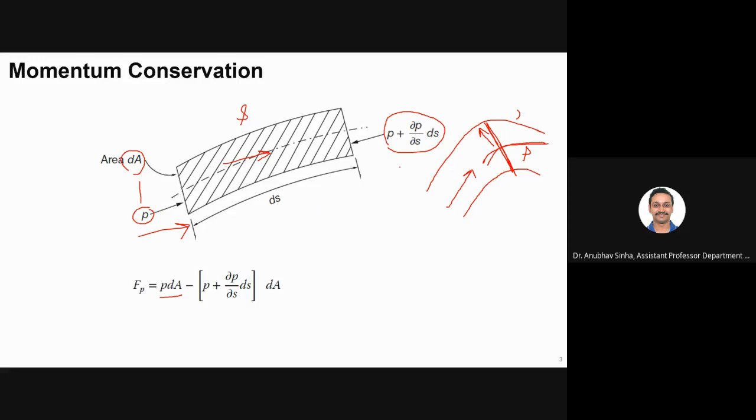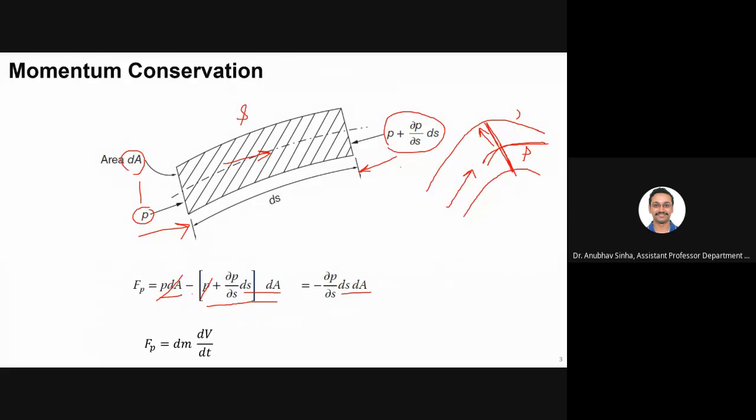This much into dA, and because it is in the opposite direction, it is written as minus. If you look carefully, I can see that this term will get cancelled and we'll have minus dP by ds into ds into dA. This is what will be remaining.